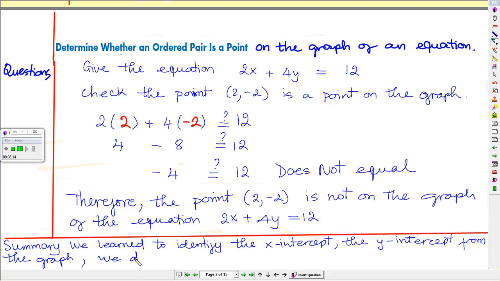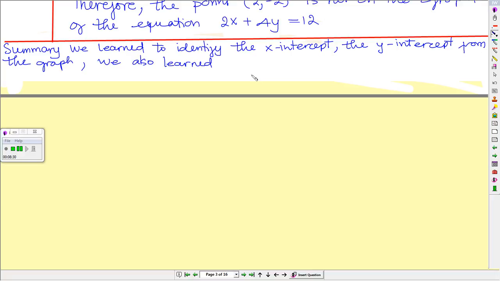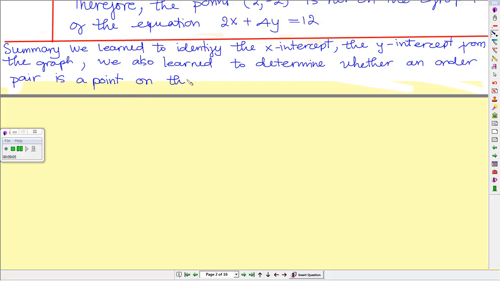We also learned to determine whether an ordered pair is a point on the graph of an equation.